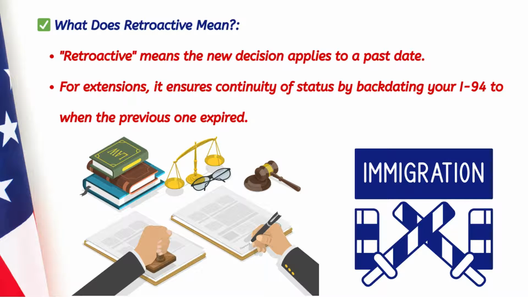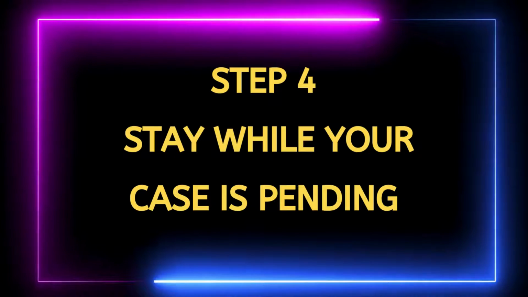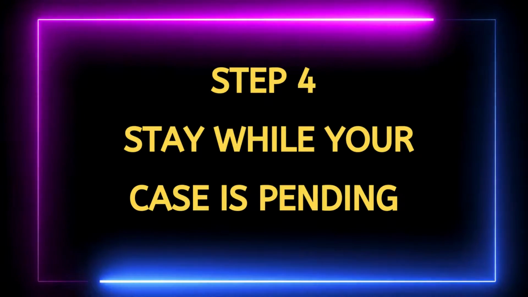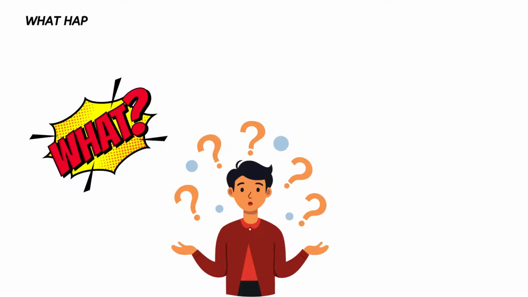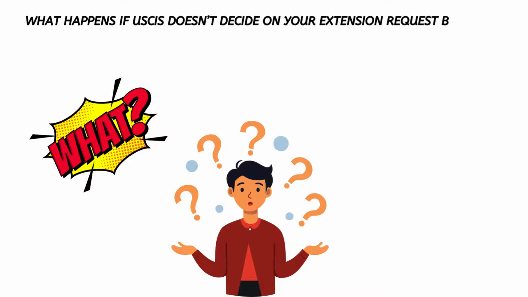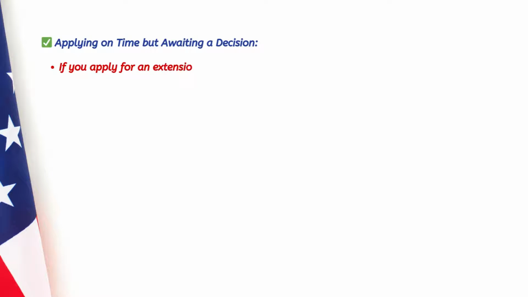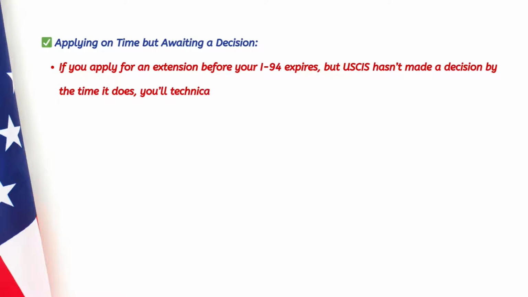Now friends, once this process is complete, the natural question is, what happens if USCIS doesn't decide on your extension request before your I-94 expires? Now friends, if you apply for an extension within time, but USCIS is unable to make a decision before the expiry of your I-94, technically you'll be out of status.